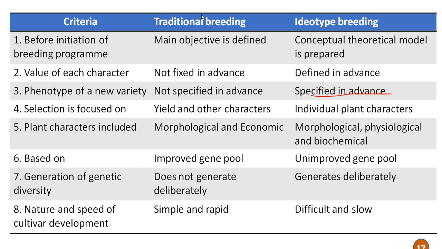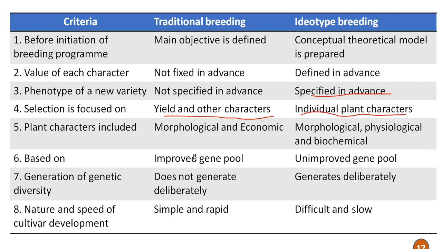Then in traditional breeding, selection is focused on yield and other characters, while in ideotype breeding, selection is focused on individual plant characters. As we saw earlier, in ideotype breeding we totally emphasize individual plant characters.